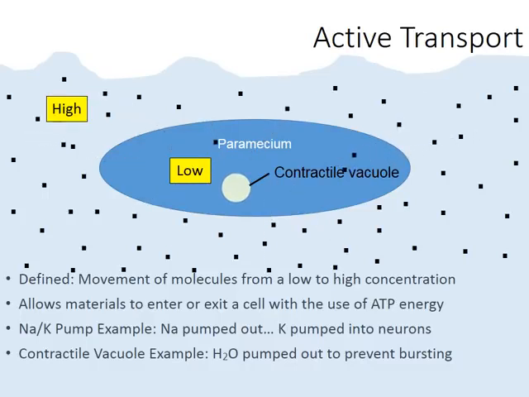The paramecium will respond by using its contractile vacuole, and it will pump the extra amounts of water from a low concentration to a high concentration. It gets rid of the incoming water so it doesn't burst, and this is how cells like paramecium can survive in a watery environment.